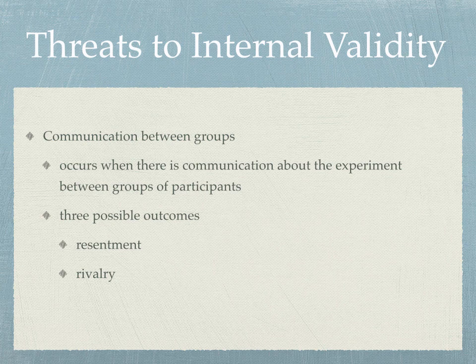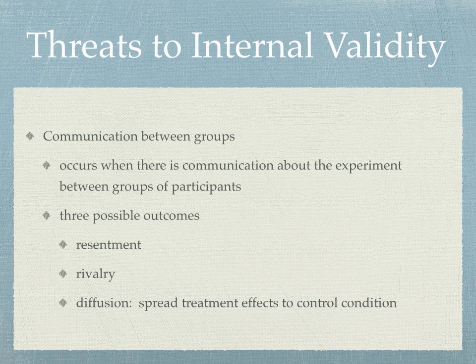I am just as good a parent as they are, and so I'm going to out-parent them." They try to beat the other person because they know that they're in the control condition and the other is in the treatment condition. It causes differential behavior. Or we can have diffusion, which is the example of, here's this parenting technique I learned, where we're spreading the treatment effects to the control condition.